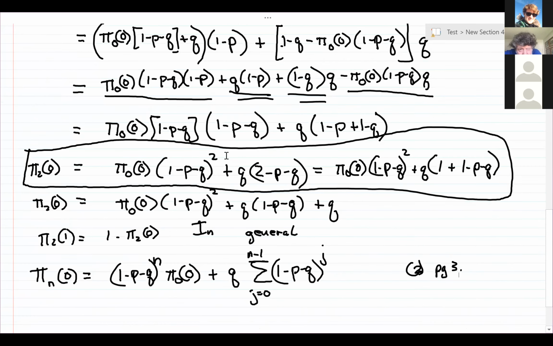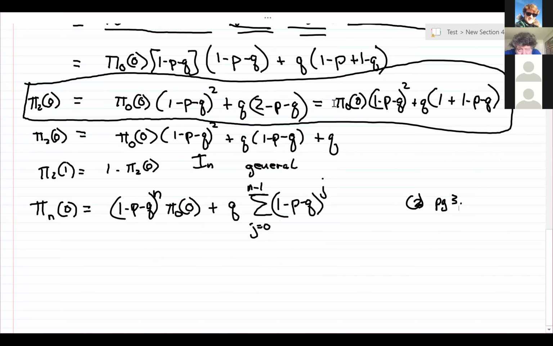Now let's check that this general expression agrees with this when n is 2. When n is 2, you have (1 minus p minus q) to the second power times pi 0,0. That's the first term here. And when n is 2, there's two things to sum here, because you're going from 0 to 1 this time. When j is 0, you get all of this to the 0, which is just 1.